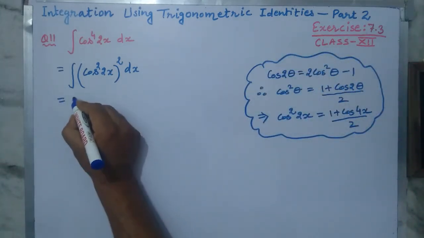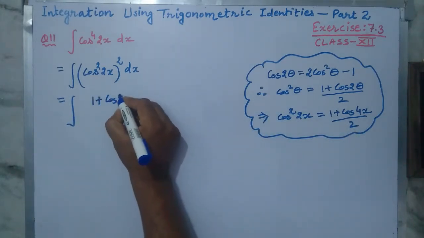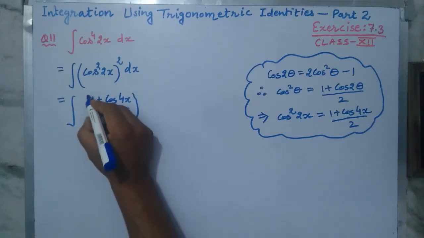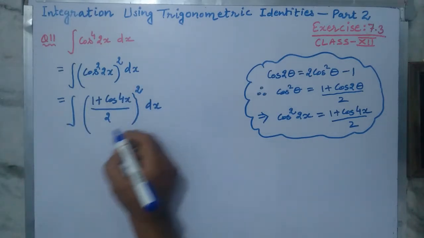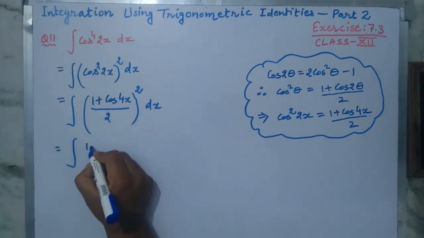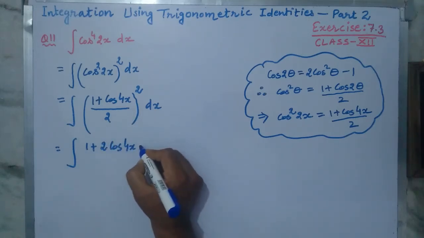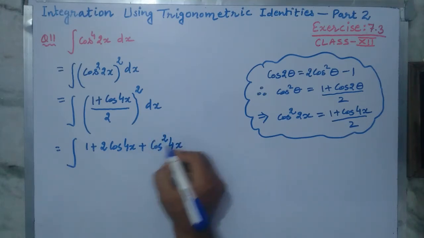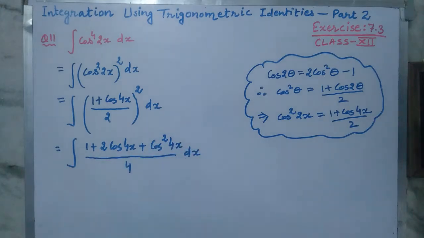So this is the first identity we are going to follow in the question. So this becomes integration of 1 plus cos 4x upon 2, its whole square, into dx. So this is equal to 1 plus 2 cos 4x plus cos square of 4x, whole divided by 4, into dx.